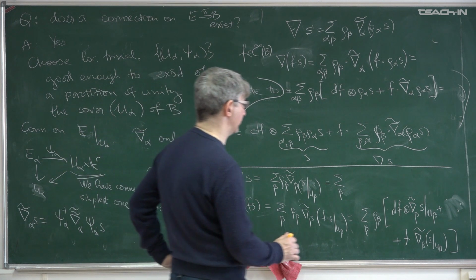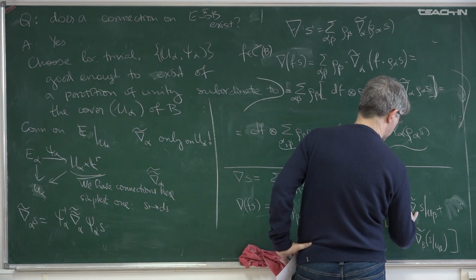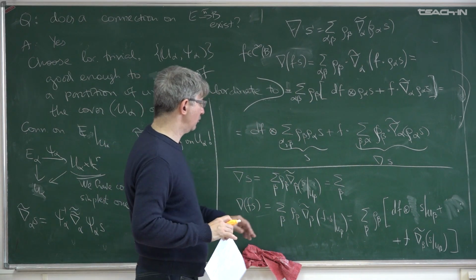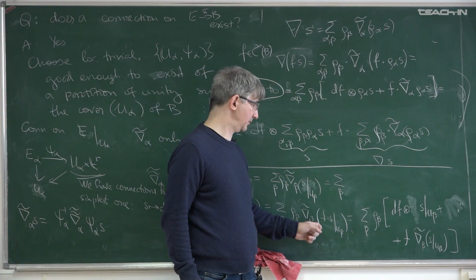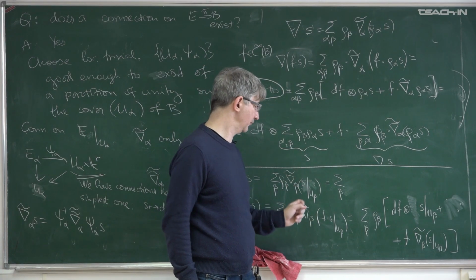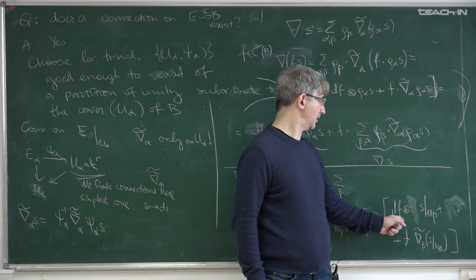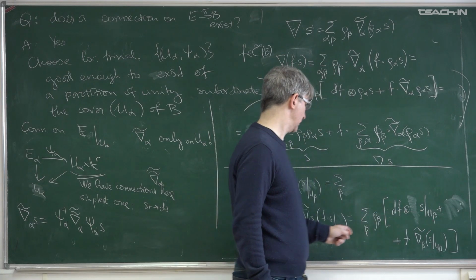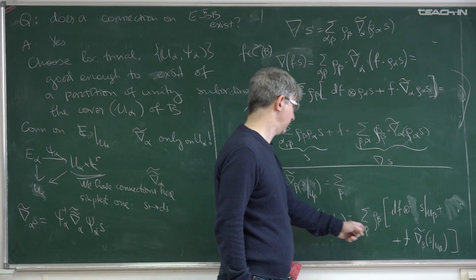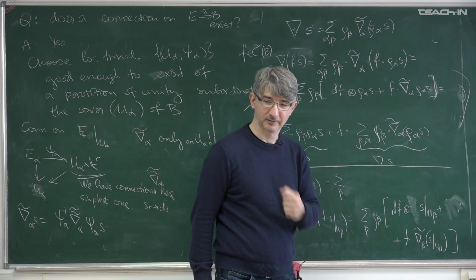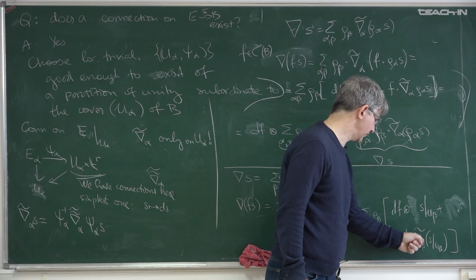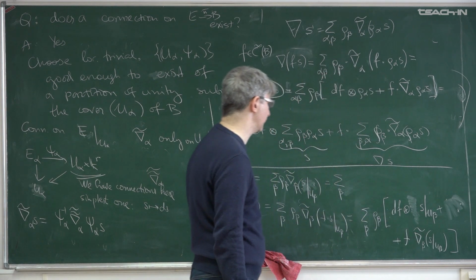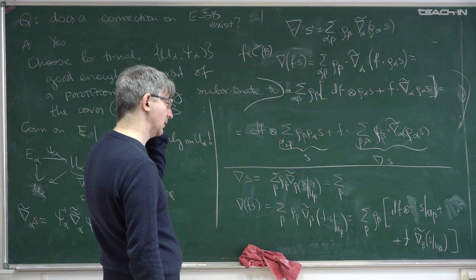Oh, well, sorry, it's not correct. So then you apply the covariant derivative to this product. You write two summands. First one is df tensor with s restricted to U beta, plus f goes outside as he wants, and then you write the covariant derivative of the section here, restricted to U beta.